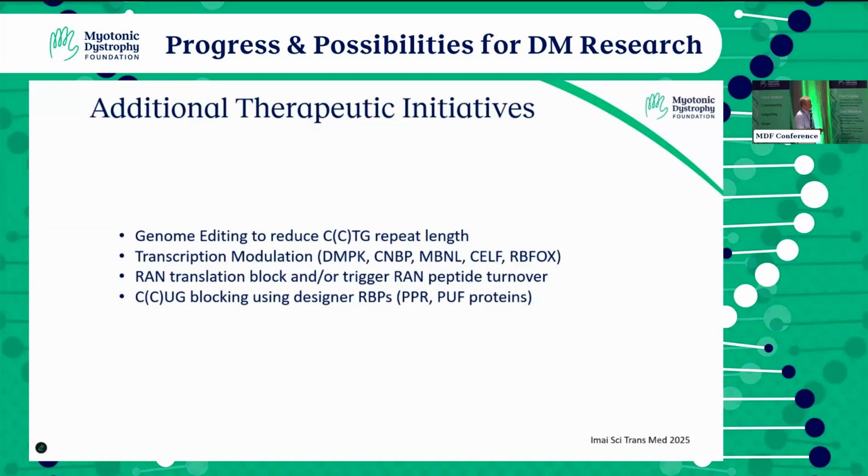And then finally, very late are the proteins, PPR, pentatricopeptide proteins, and PUF proteins, which instead of ASOs can be programmed to recognize very discrete sequences on RNA. So they can be programmed to bind CUG repeats. So this is a protein, PUF proteins, human proteins, which may not raise too much of an immune response.